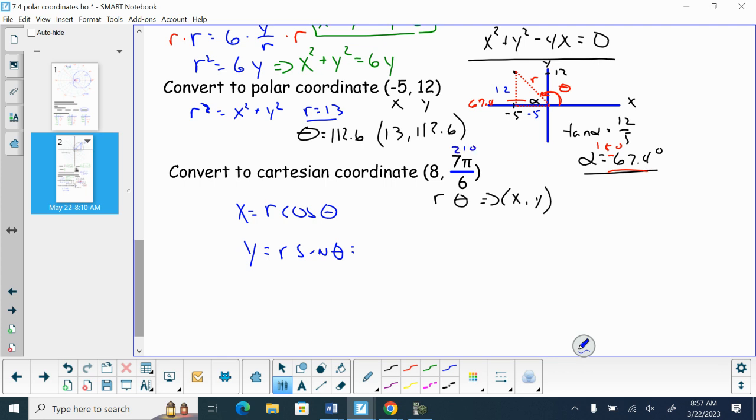Might be better if I change this into a 210. So we have, let's see, 8 cosine of 210 and 8 sine of 210.